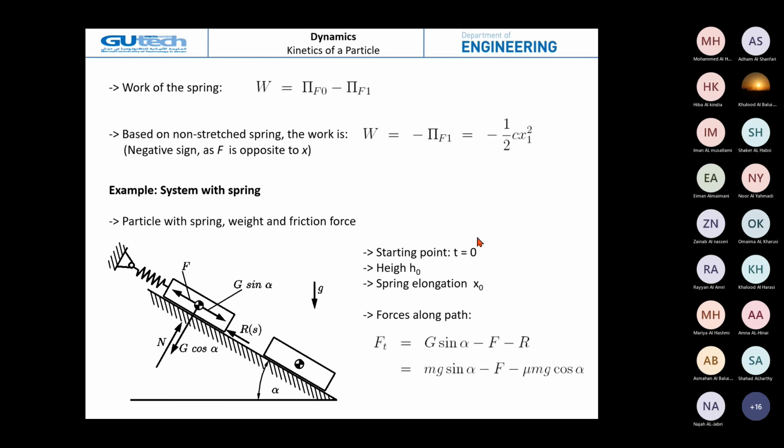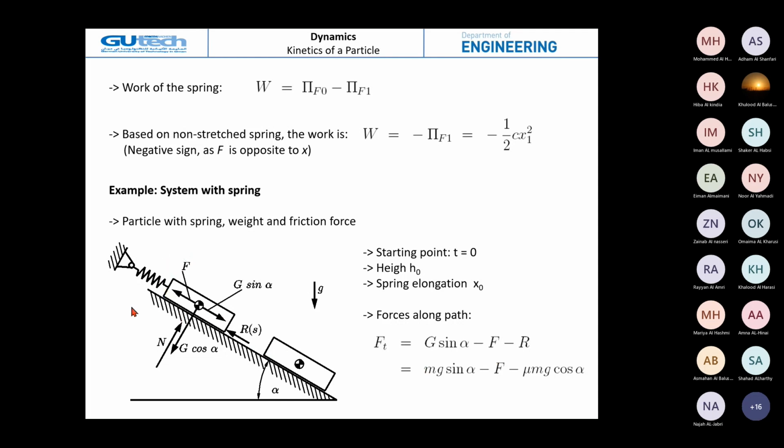Now, the starting point, at time t equal to 0, we have the height h0. The spring elongation is x0. The force along the path: we have the projection of the weight, G sine alpha, minus the spring force.